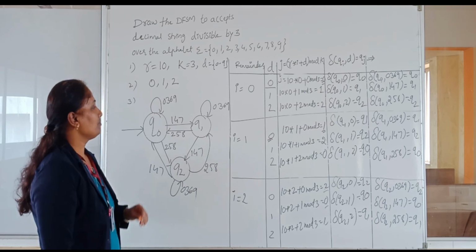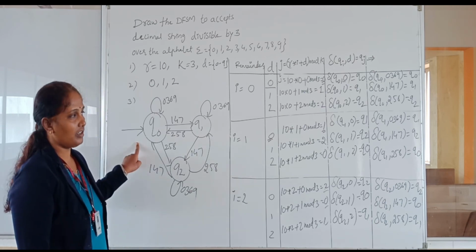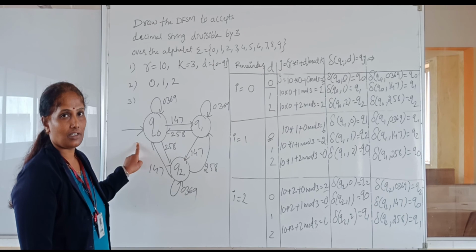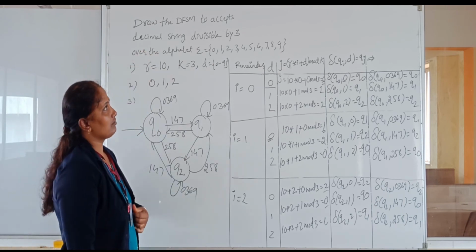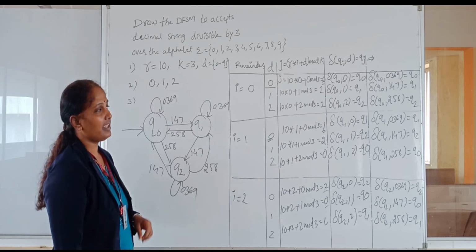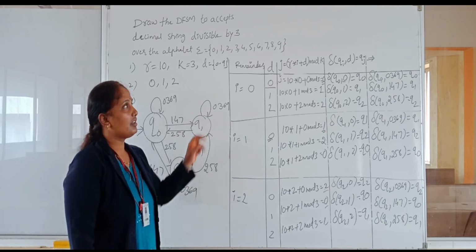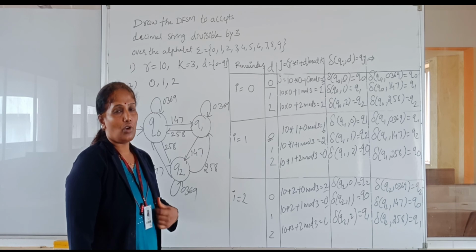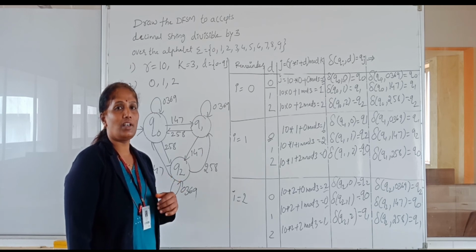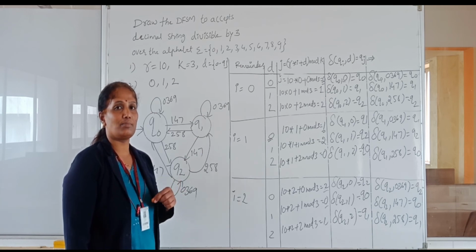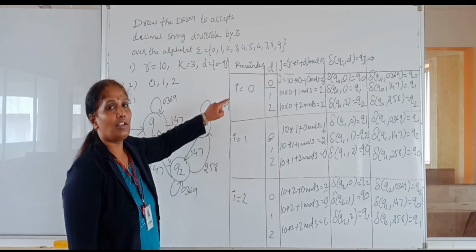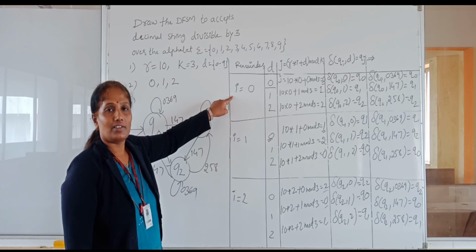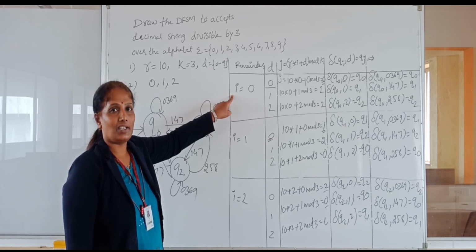The next step is making one of the states of the DFSM a final state. According to the question, you are going to accept the strings which are divisible by 3. The meaning is that you consider decimal numbers which, when divided by 3, leave remainder 0. So 0 indicates that the state Q0 will be the final state.